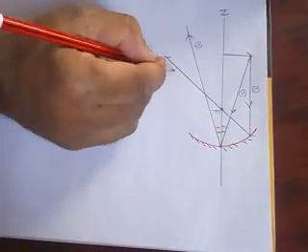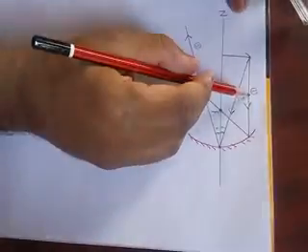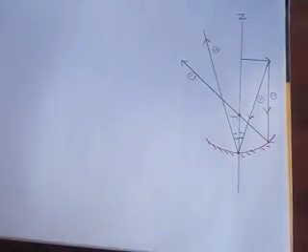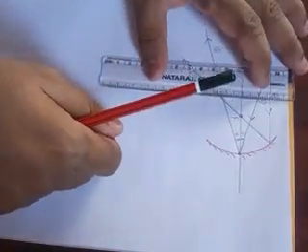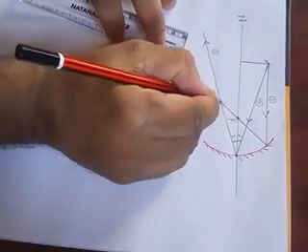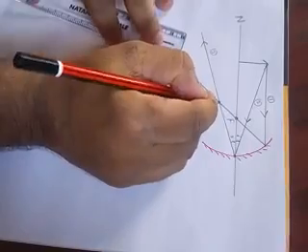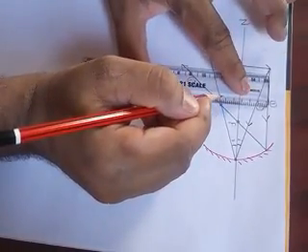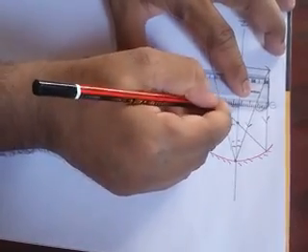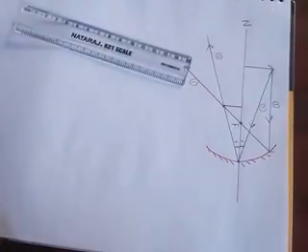This is ray number 2, this was ray number 1. This is before reflection, this is after reflection. So this point will be the image of the head point. If you join with the principal axis like this, we are going to get the image.